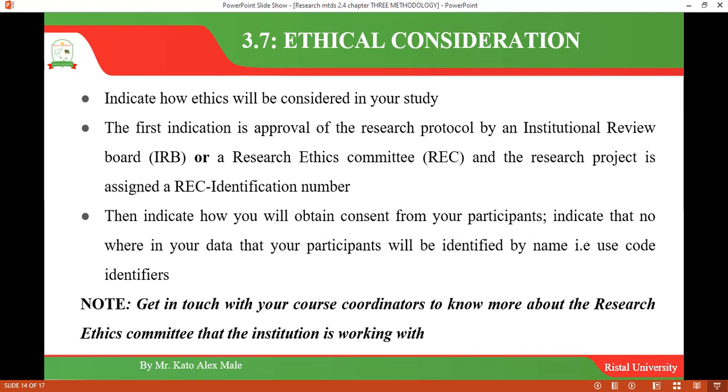As a student, you must submit your work to the research ethics committee for approval. If you don't know which committee, get in touch with your course coordinators. They will direct you appropriately. In other words, we shall not allow a work to continue without approval from the research ethics committee, especially if that work deals with human participants.